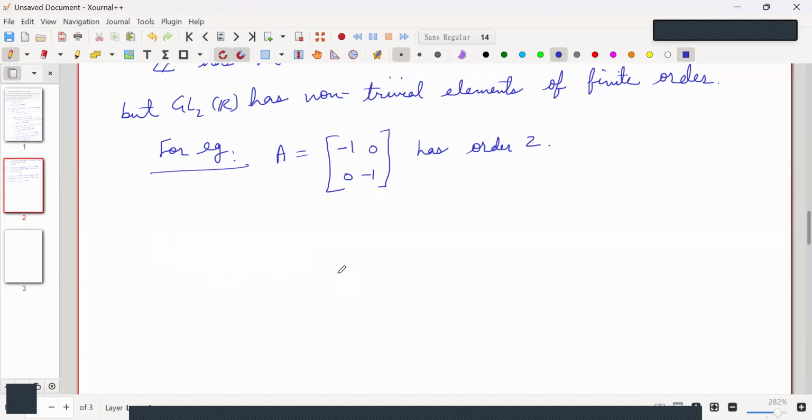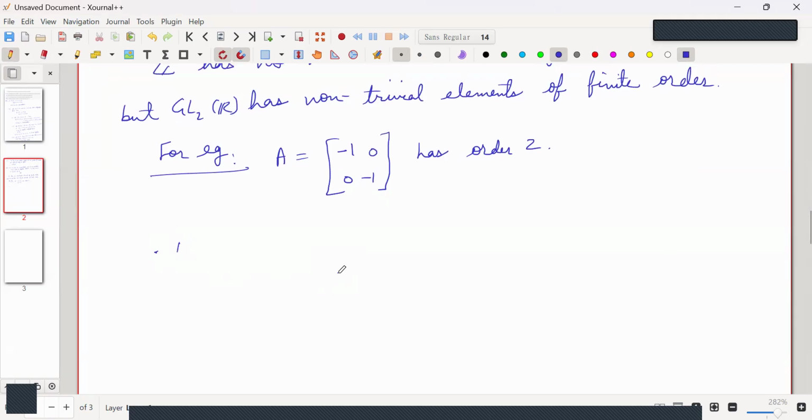Do you know rotation matrices? Yes, sir. So can you give me the rotation matrix for order n? Sorry, sir, I don't remember, I need to check.